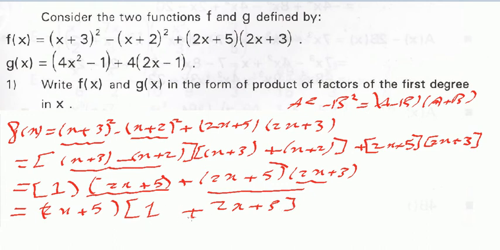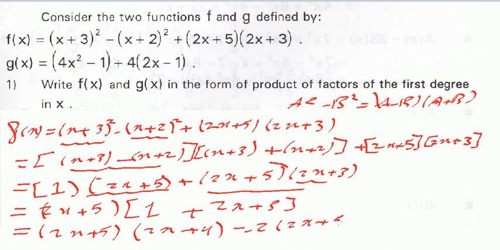Okay, so now it's equal to what? Outside we have 2x plus 5, and inside we have 2x, 1 plus 3 is 4. So 2x plus 4. If you want, we can take the 2 as a common factor outside, and it becomes 2 into 2x plus 5 into x plus 2. Okay guys, so this is the factorization of f of x.